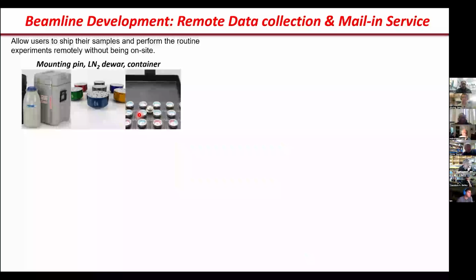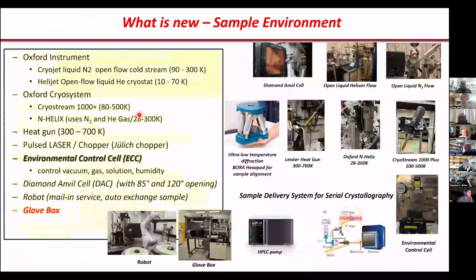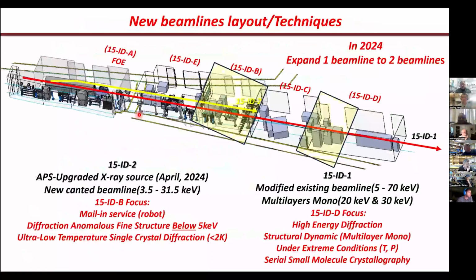If we would do it, the mailing will be on IDB. On IDB you can see the LOBA and another diffractometer for the resonant diffraction. This is for LOBA, but we cannot use it until round 2, 2026.